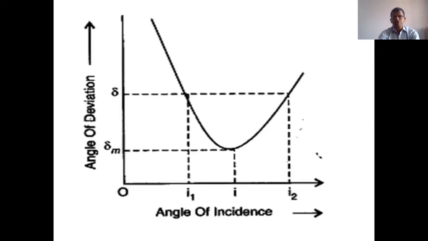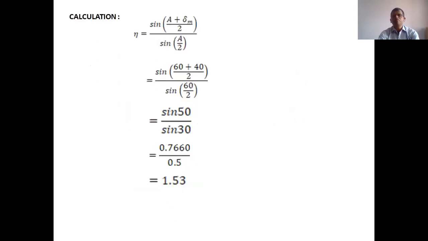As per the graph, we find the minimum value of delta at the curve, and that value we put into the equation. We have the value of A, the angle of prism, as 60, and delta m we found as 40, and based on these sine values we found the value 1.53, which is nearly equal to 1.5.